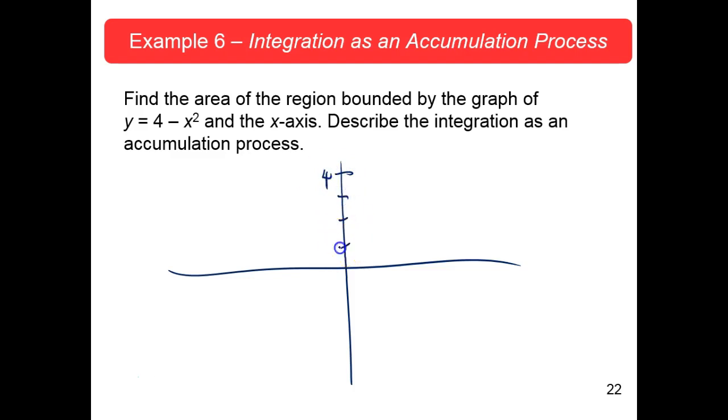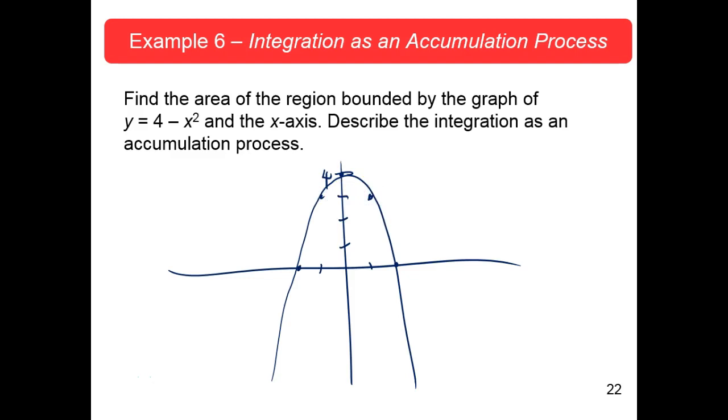Okay. So 0, 4. Negative 2, 0 and positive 2, 0. Okay, and x of 1 will be 3, and negative 1 and 3. Okay, all right.